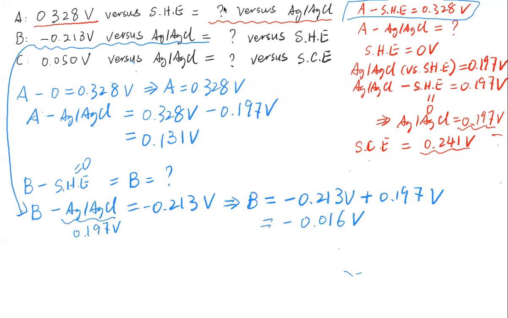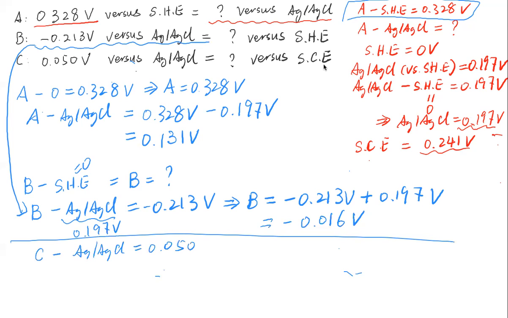Okay. Now the third situation is we know the voltage versus silver chloride, but we want to calculate the voltage versus SCE. How do we do that? What we know here is C minus silver chloride is 0.05 volts. Now we want to look for C minus SCE. As we mentioned earlier, when you're trying to calculate the voltage versus the reference electrode, you're just subtracting the potential of that reference electrode.